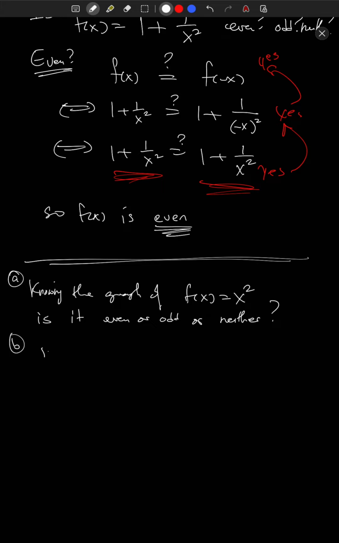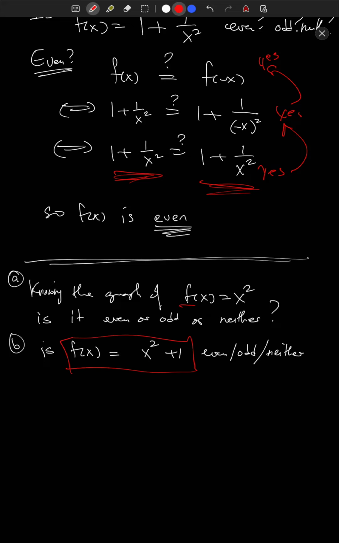Now you can answer this. Is f of x equals x squared plus 1 even, odd, neither? And again, don't do any computations. Just think about the picture and think about graphing, right? What is the graph of this guy in relation to the graph of that guy? And you should be able to answer the question.